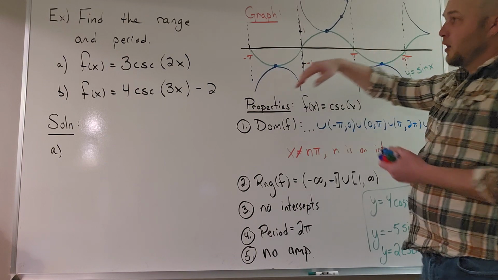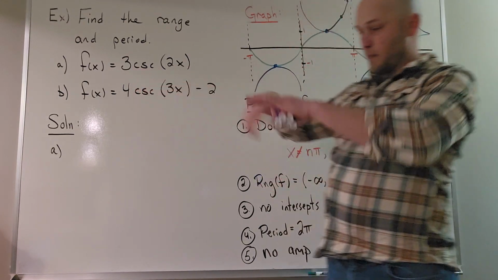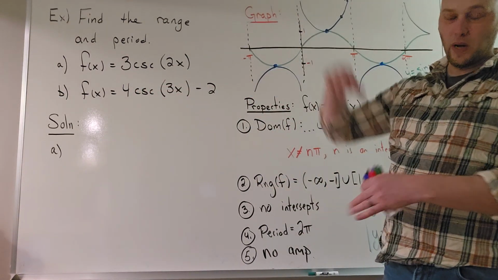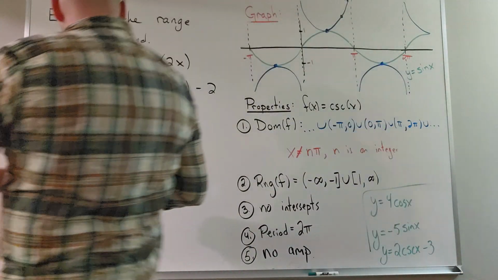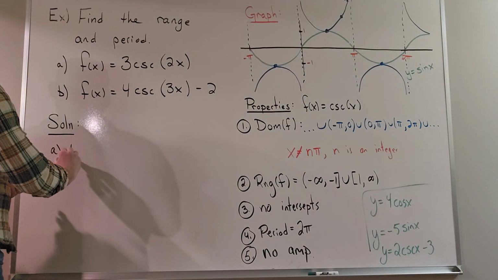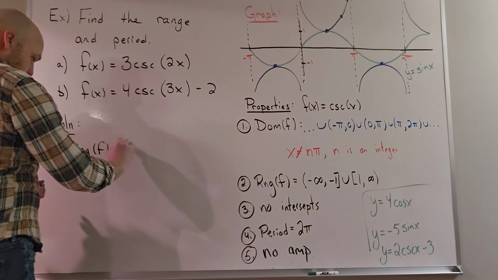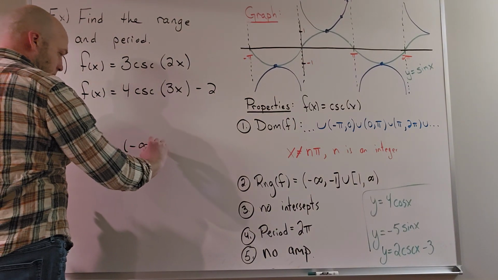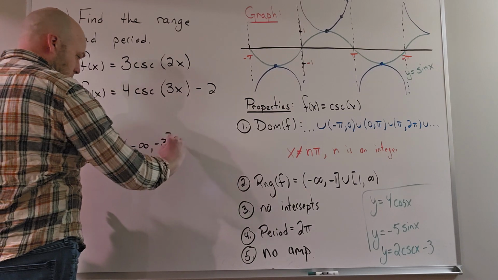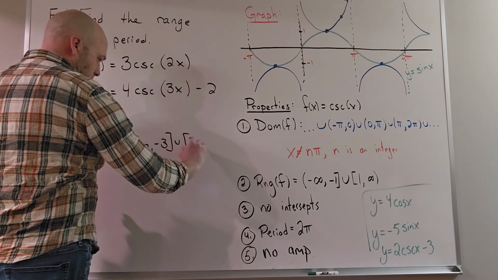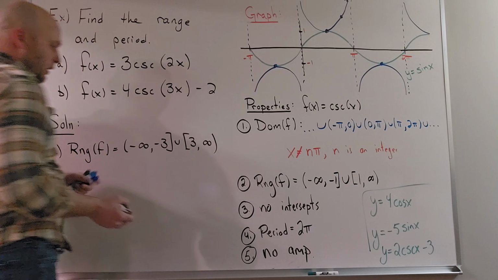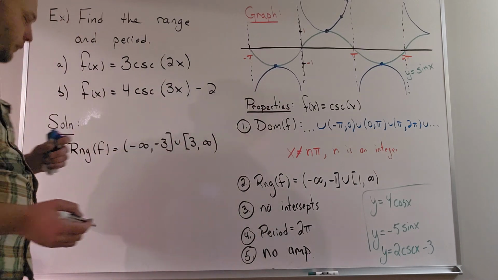So 3 cosecant is going to be -3 and below, and then 3 and above. Therefore, for part A, my range is -3 and below, 3 and above.